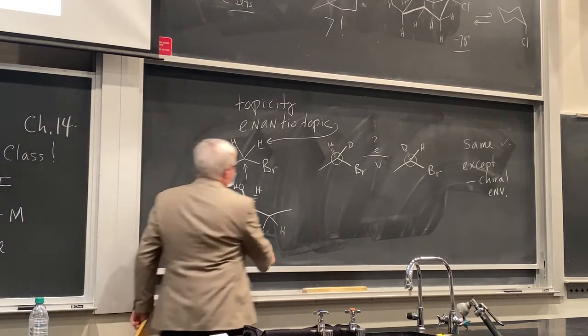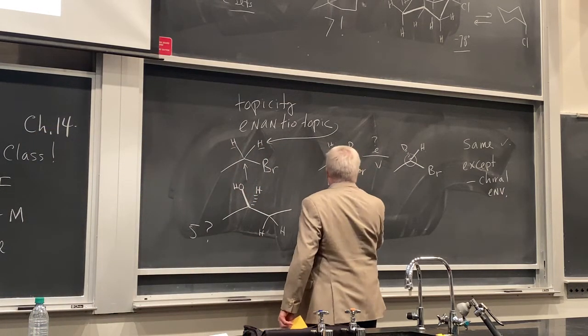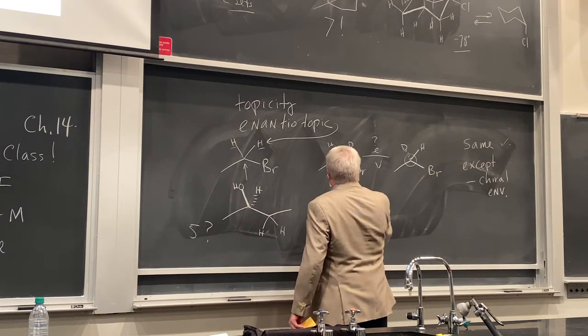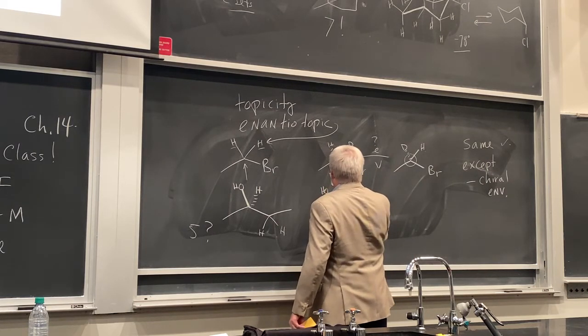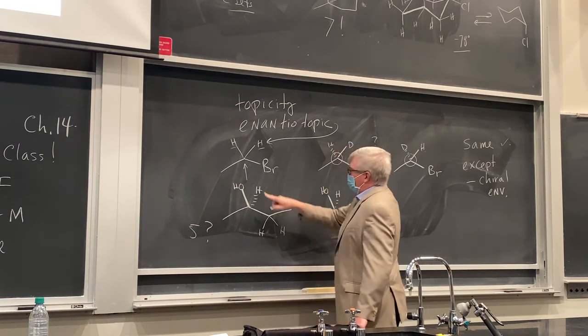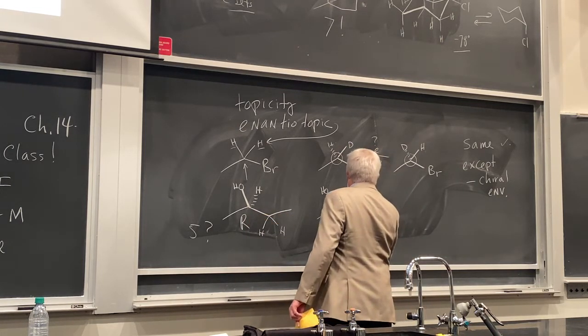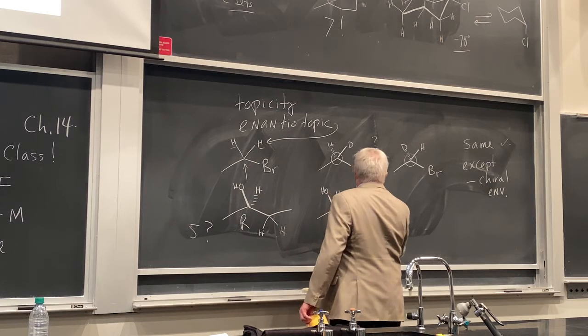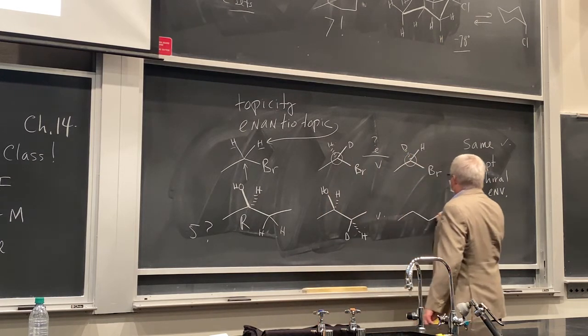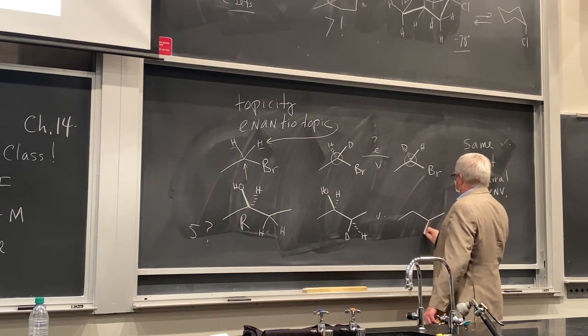Let's do our deuterium experiment here. What do we have? This is a stereocenter. We'll keep it there. What is it? The R? Yeah. Let's do deuterium first in the front versus deuterium in the back.